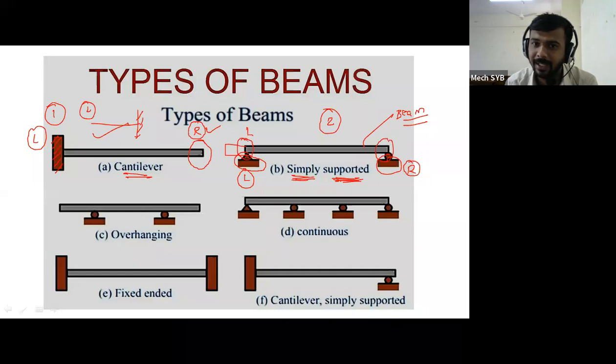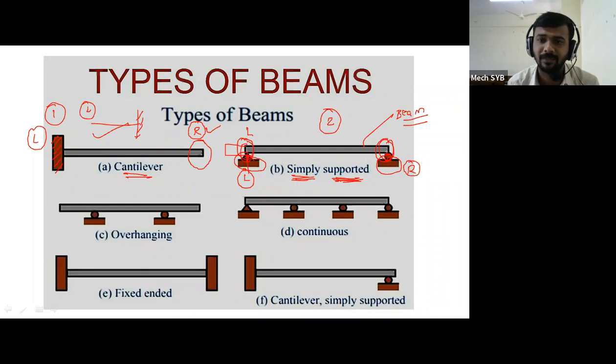On the left side, the beam ends at the particular point where support is provided. At the right side the beam ends at the support points only. आणि ज्या ठिकाणी बीम एंड झालेला असेल आणि त्या ठिकाणी जर सपोर्ट दिले असतील तर that beam is called a simply supported beam.